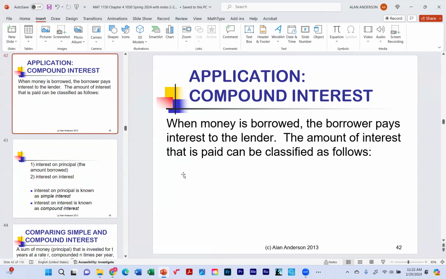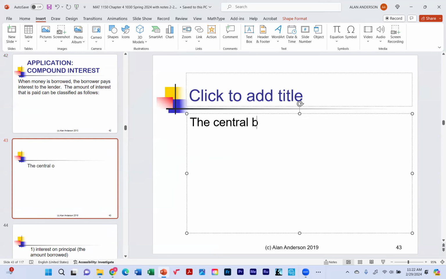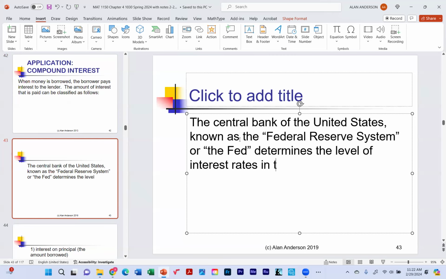Now, by the way, I just want to mention, in case you've never had an economics class, interest rates are very complex, but the Central Bank of the United States, which is known as the Federal Reserve System, or just the Fed, determines the level of interest rates in the economy.